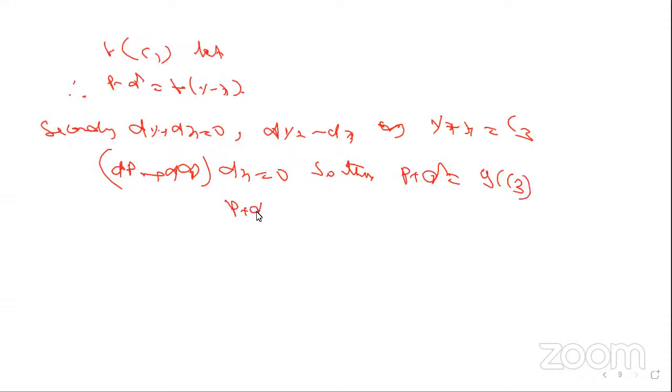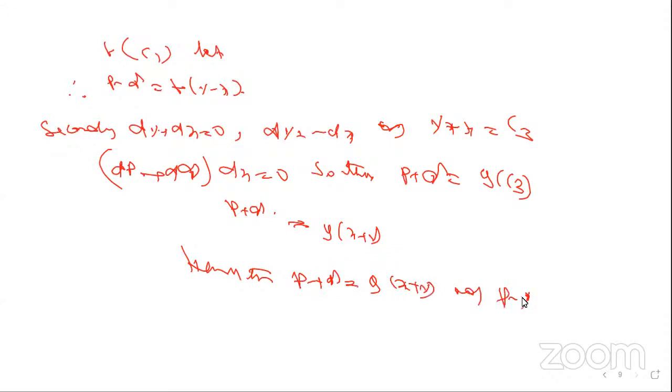So p plus q equal to g of x plus y. Hence the form: p plus q equal to g of x plus y and p minus q equal to f of y minus x.